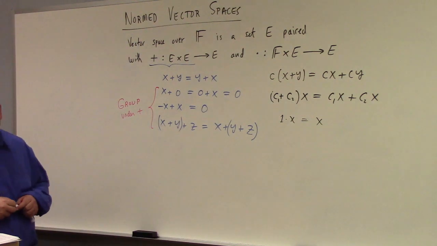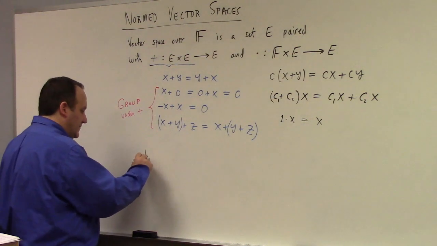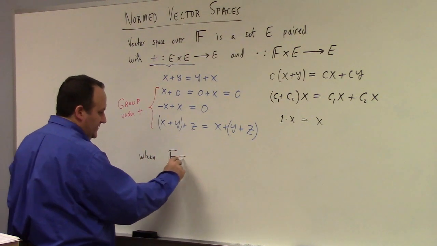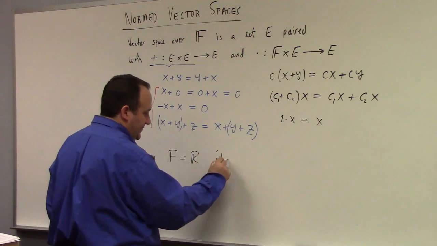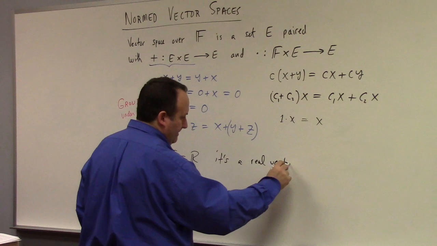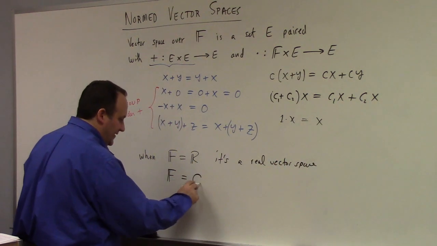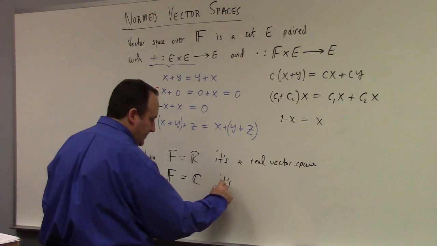All right, what else? So when F equals R, it's a real vector space. What else? If we have F equals C, it's a complex vector space, right?